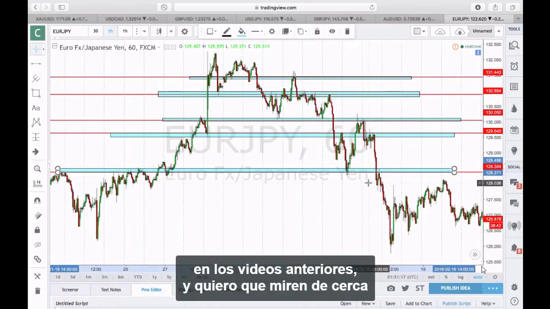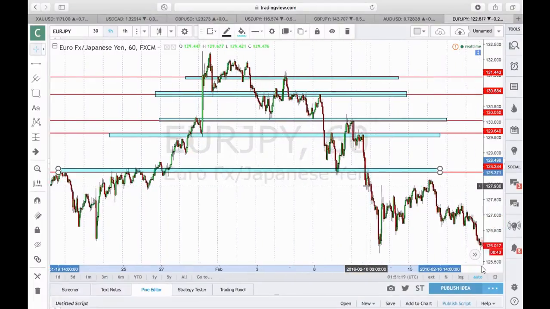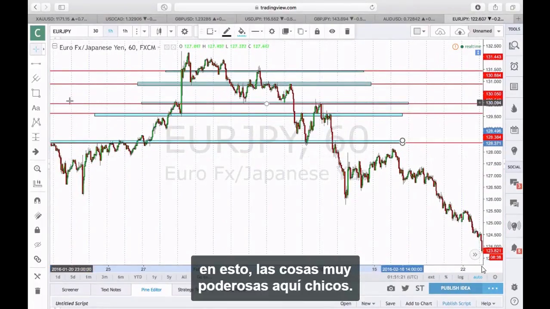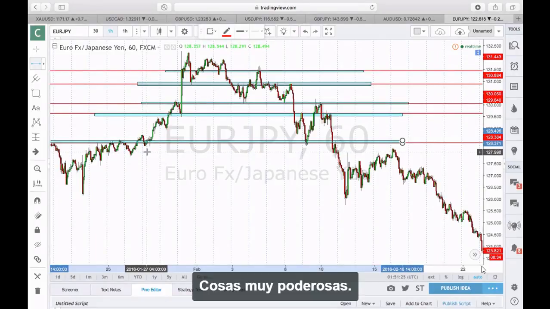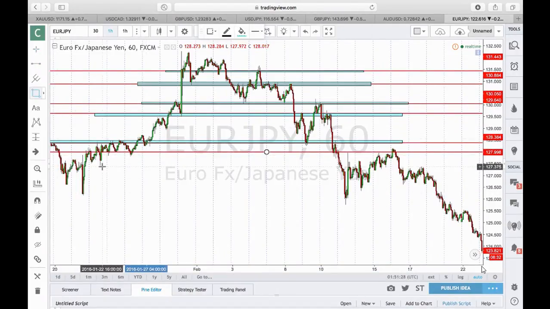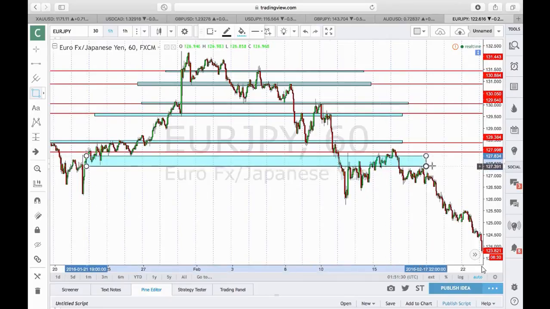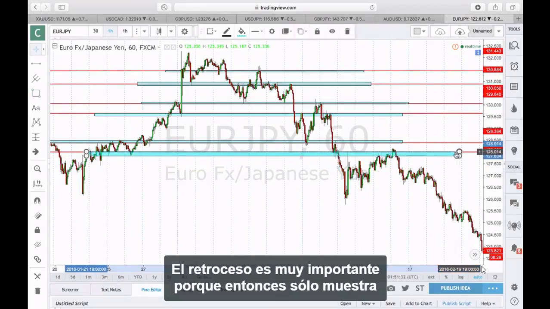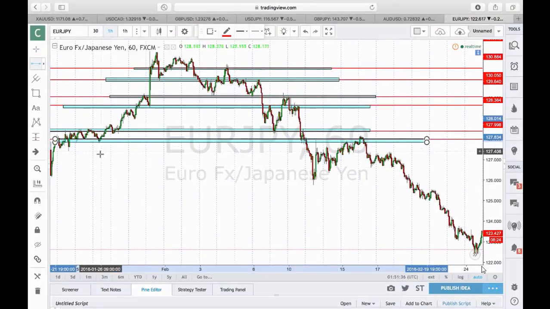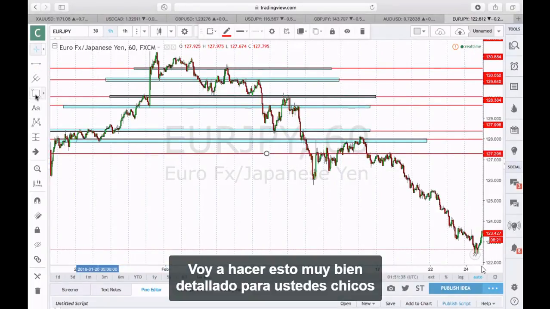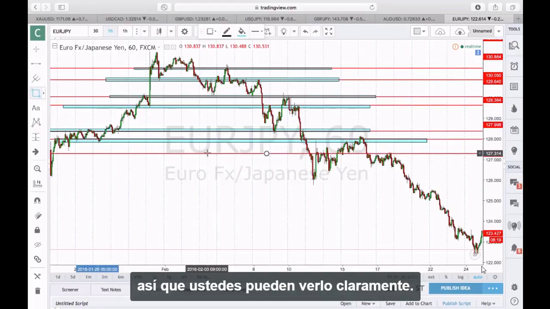I want you to look closely on this. Very powerful stuff here, guys. Pullbacks are very important because they show you the continuation of a trend. I'm going to make this in super good detail so you guys can see clearly.